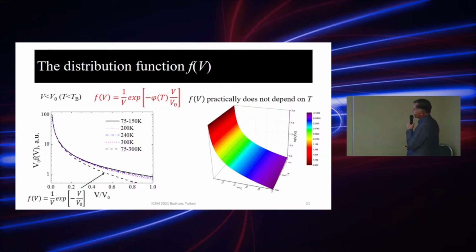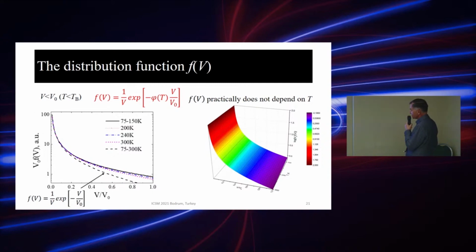In this plot, I show the distribution function, F versus volume, for various temperatures. We see that F does not depend, or almost does not depend, on temperature. Only for 300 K we have some deviations. This is probably due to the fact that we approach the blocking temperature and we are going out of the conditions of the slow relaxation model.